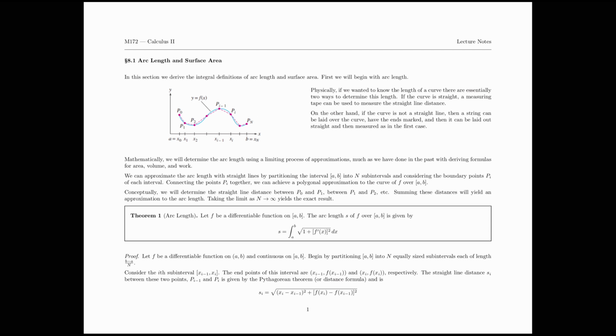So essentially what we do is we find the distance of each piece and then we add up all of these distances. The very reason why we have a square root in this arc length integral is because the distance formula is, of course, just the change in y squared plus the change in x squared.